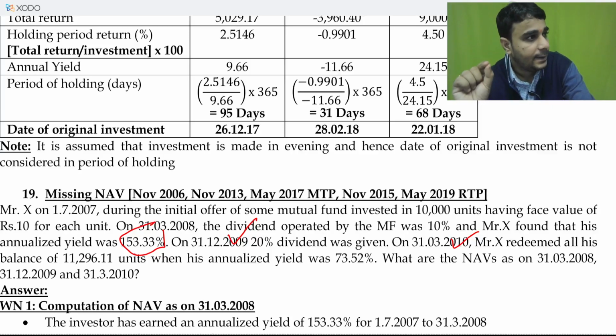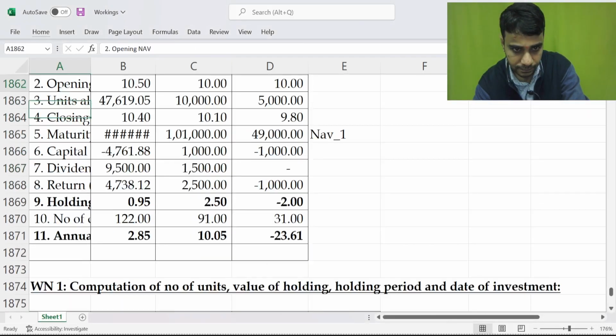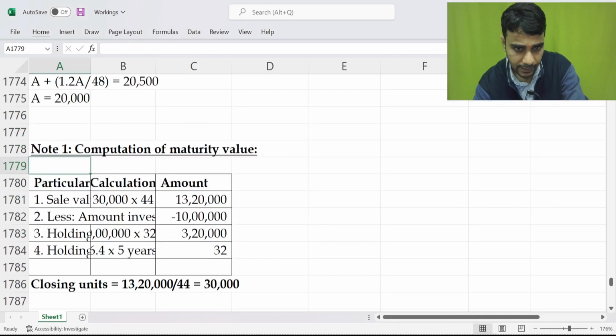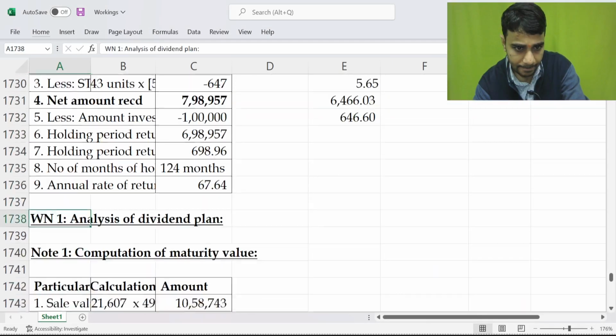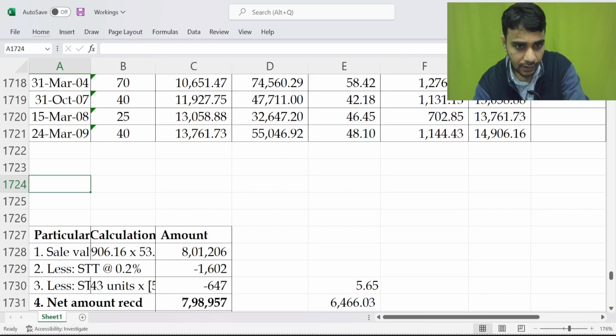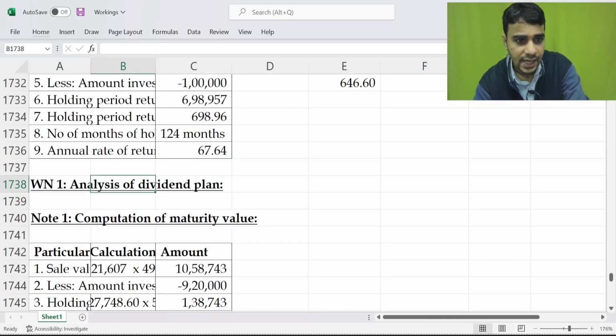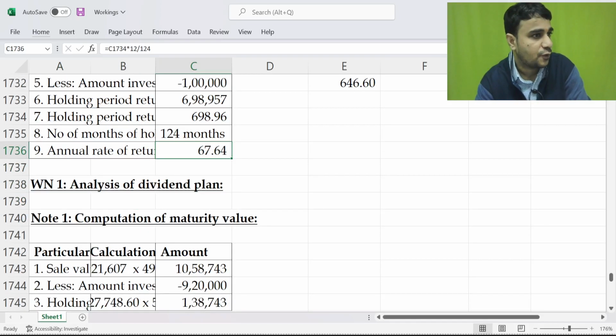For example, we calculated this annual rate of return as 67.64 in one of the problems. This 67.64 is from the date of investment for the 124 months.